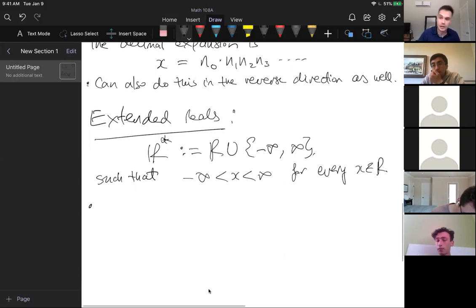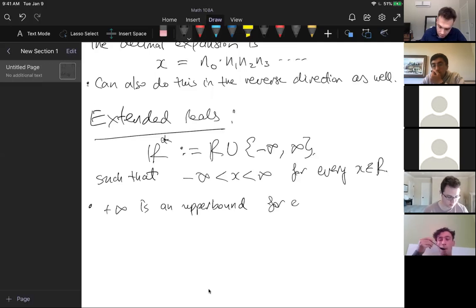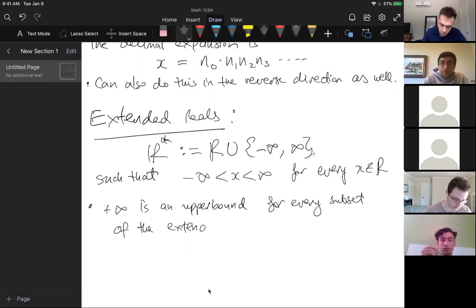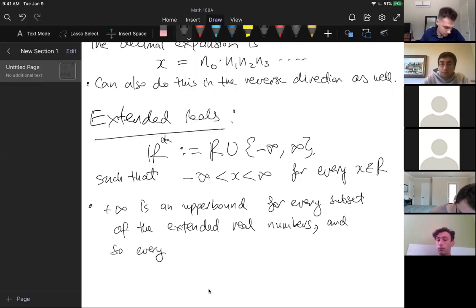So some observations are the following: positive infinity, or just infinity, is an upper bound for every subset of the extended reals. And so every subset has a least upper bound.